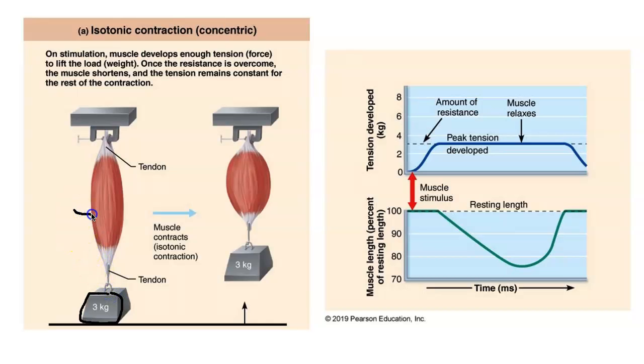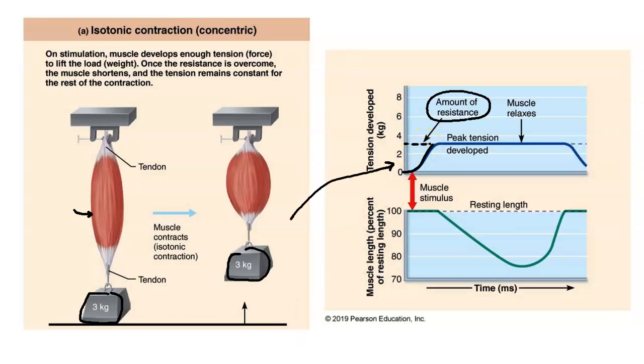They're stimulating the muscle to contract, and when the muscle contracts, it moves the 3-kilogram weight. If we take a look at the graph, what they're showing us is that the tension developing within that contracting muscle must equal the resistance in order to move the resistance. And so the amount of tension being generated in that muscle is also 3 kilograms, and that's why it can move the load.